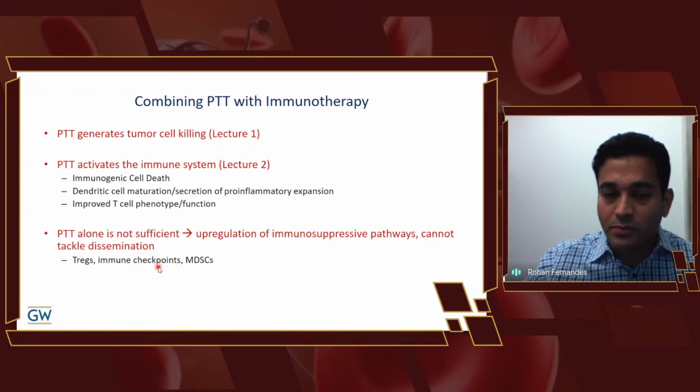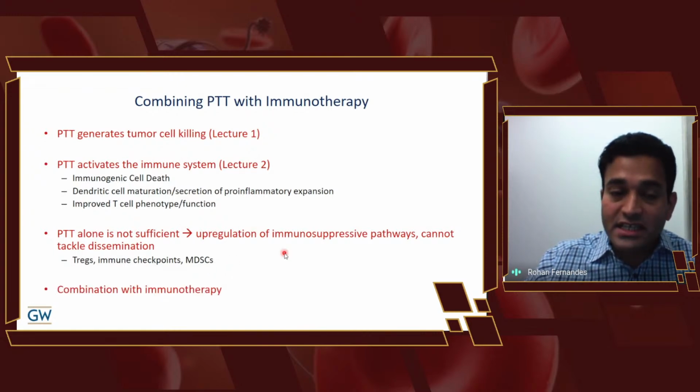There's also an upregulation of immune checkpoints, and other studies have shown that suppressor cells, such as myeloid-derived suppressor cells, infiltrate into the tumor microenvironment, thus damping the effect of PTT. So our motivation is to combine photothermal therapy with immunotherapy to see if this tandem approach can result in better treatment outcomes.